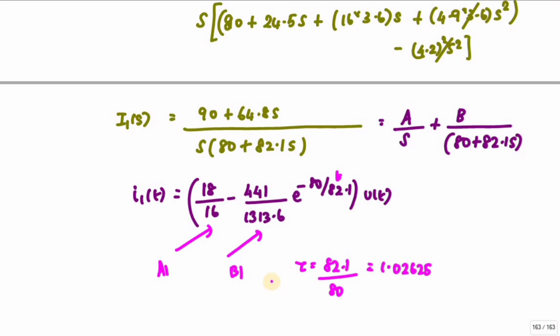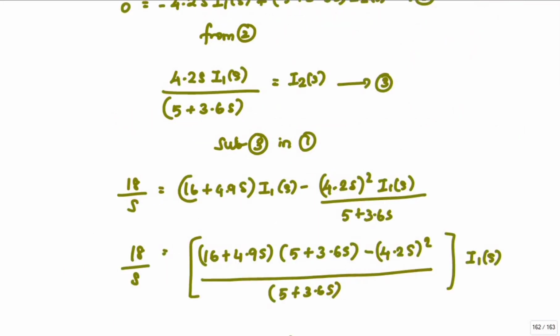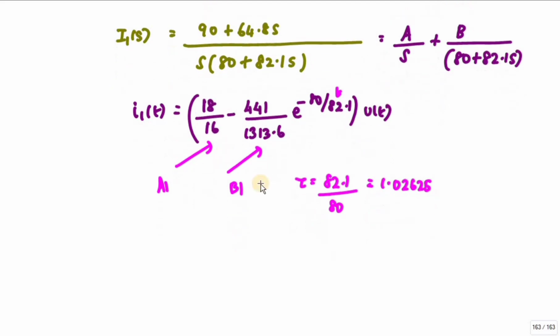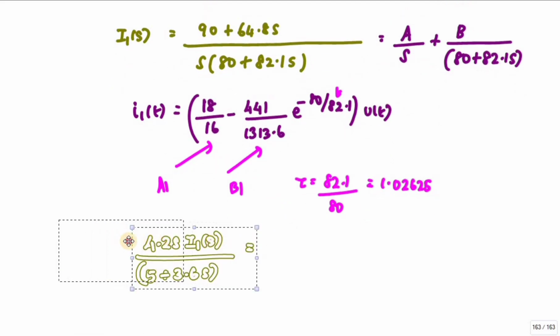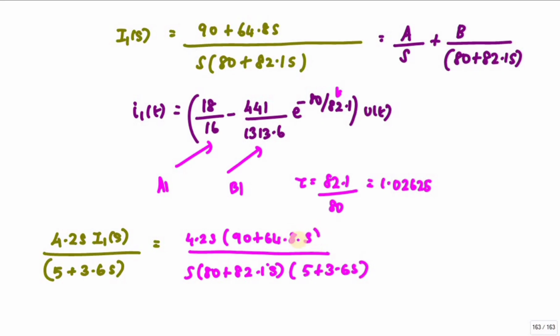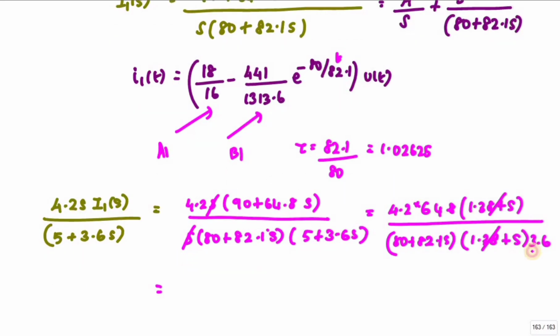We know that I2 of s is 4.2 s I1 of s divided by (5 plus 3.6 s), so you substitute I1 of s in this equation. Here the s and s get cancelled out, and on solving I will get 4.2 into 64.8, taking 3.6 outside.